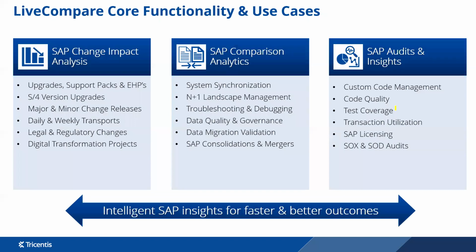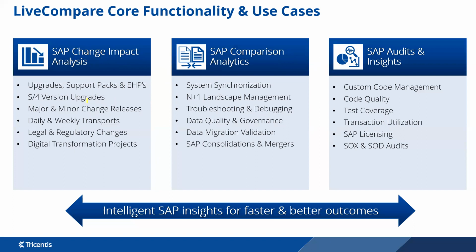I know that last slide was a little daunting, with a lot of different things. So I put this slide in here to simplify it for customers seeing Live Compare for the first time. The easiest way to simplify it is to break Live Compare down into 3 core functions. With each of these core functions, these are all the different use cases in which you can utilize them.